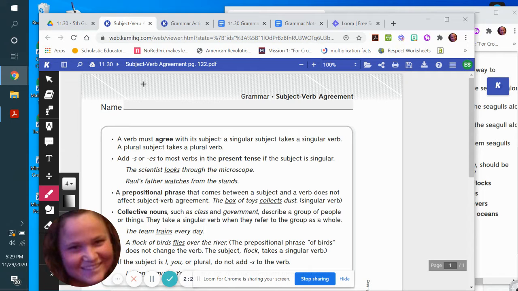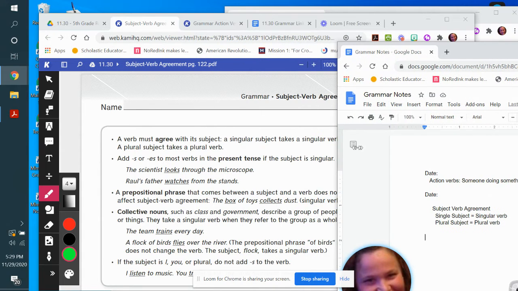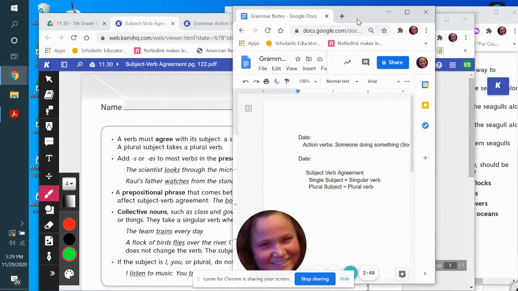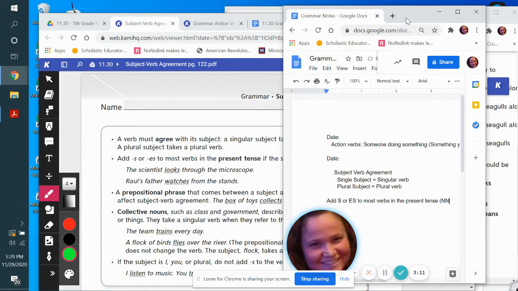So we have to put down that we add s or es to most verbs in present tense if the subject is singular. You're writing this in your notebook.